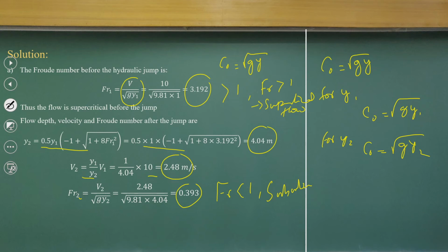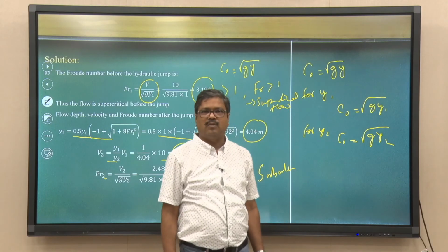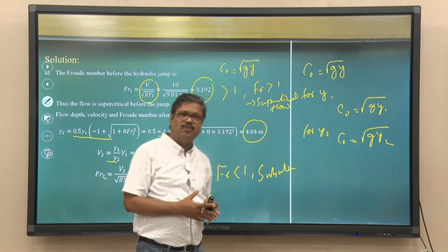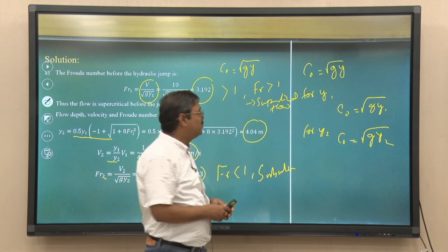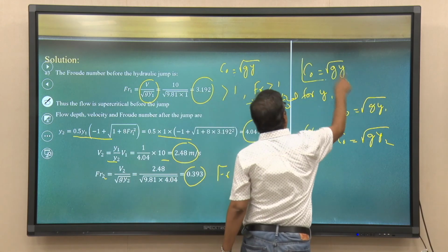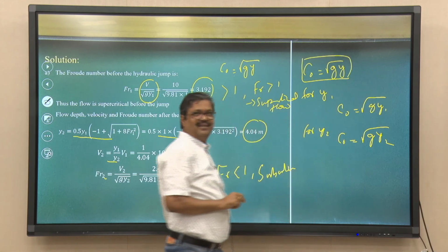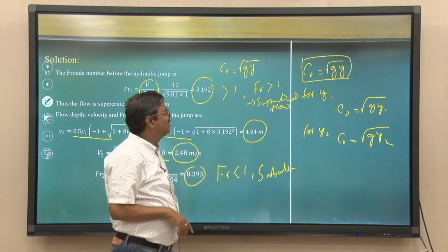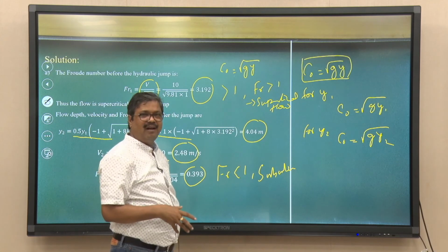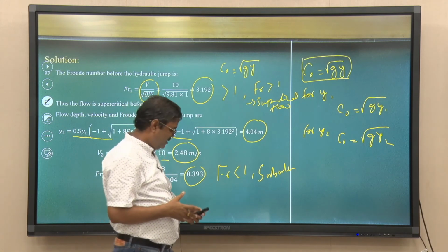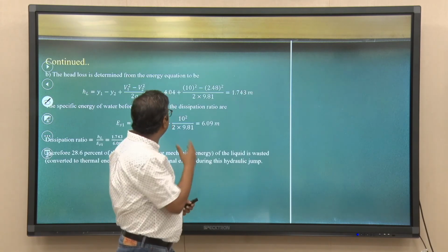So, these two ratios define the flow Froude numbers. So, if you do not remember the flow Froude number, at least you remember this part, that is the speed of surface wave.